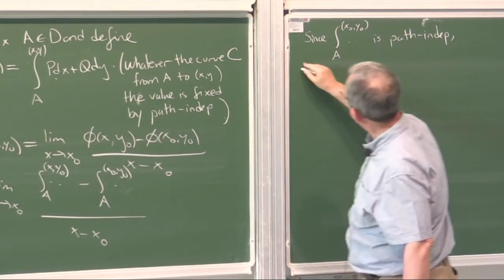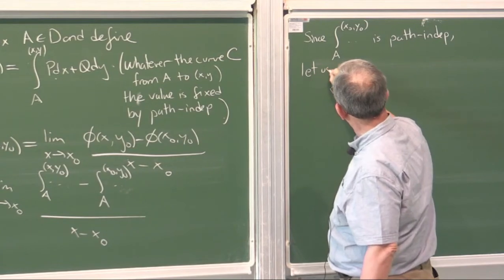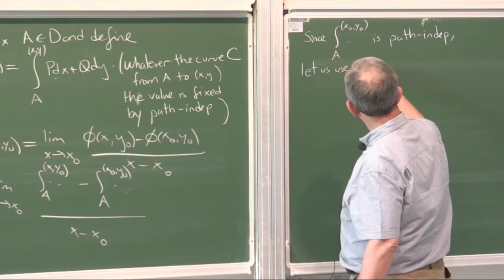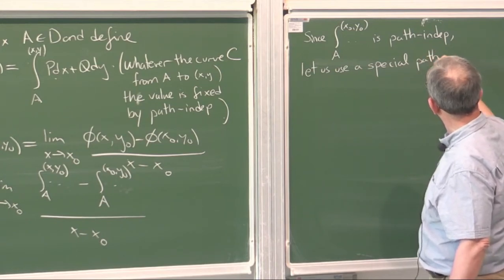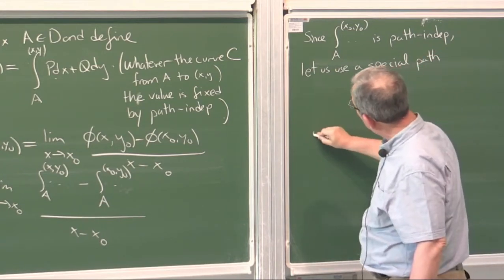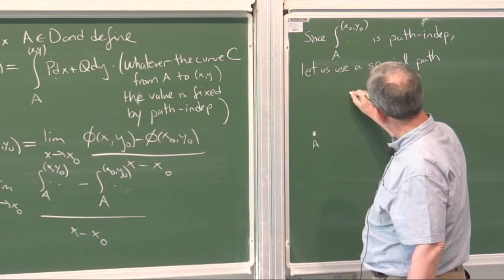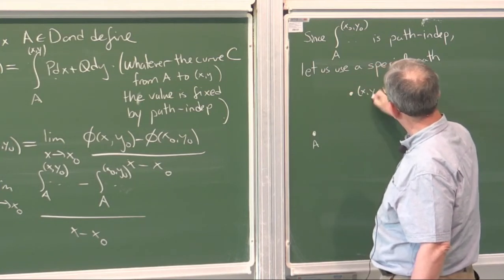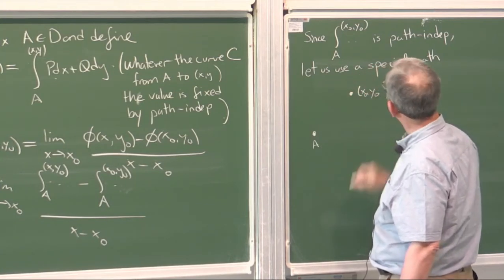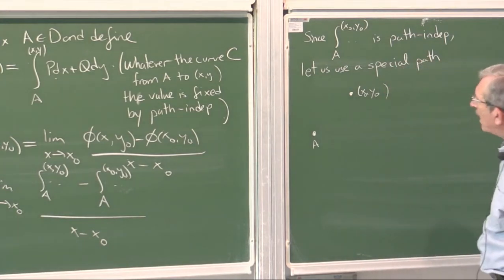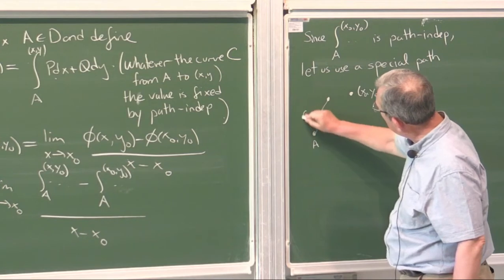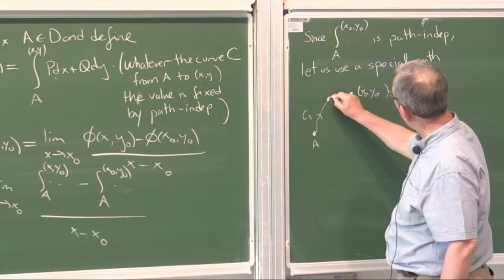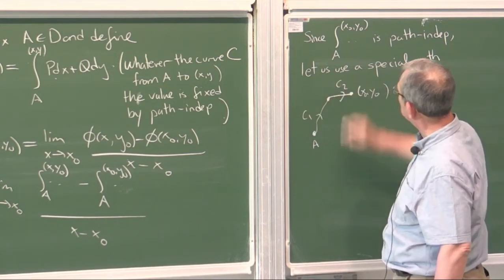Let us use a special path, which will be the following. I will start from A, and I have here (x, y), (x0, y0). I will move on C1 and then go horizontally on C2.